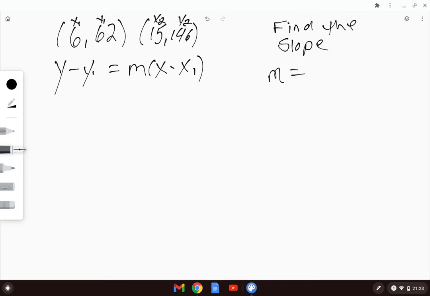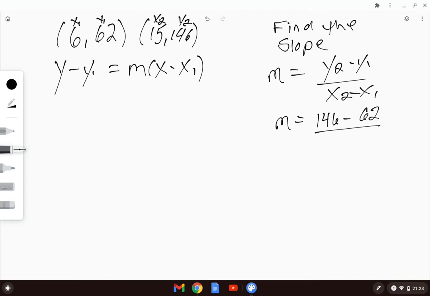So slope, which is m, equals y2 minus y1 over x2 minus x1. So here my y2 is 146. My y1 is 62. My x2 is 15. And my x1 is 6.